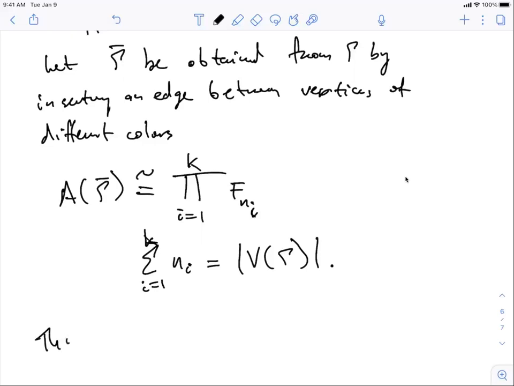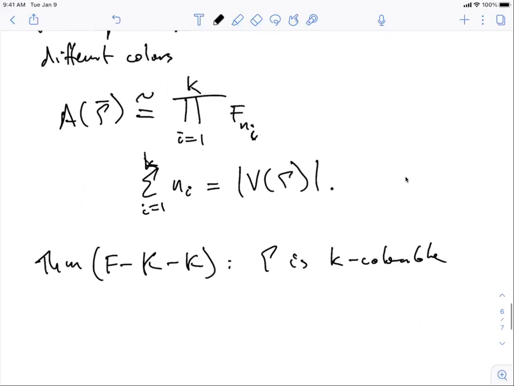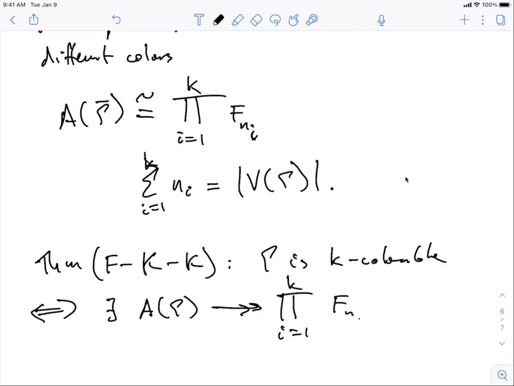So here's a theorem also due to Flores, Kielak and someone, that says that gamma is k colorable if and only if there exists a homomorphism, a surjection from A of gamma to a product of these free groups with the sum of the ranks equal to the number of vertices of gamma.